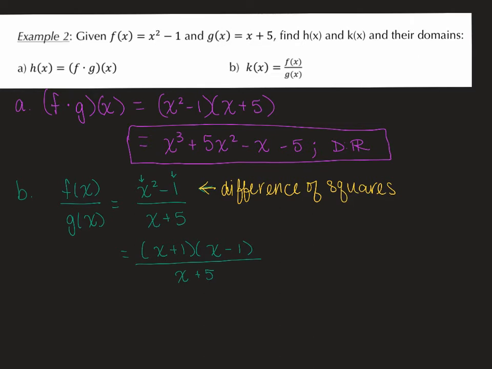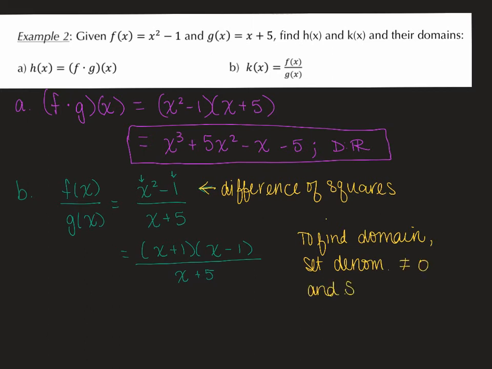So we do need to figure out our domain. The biggest issue here is if we look at our denominator, it cannot equal 0, right? We cannot divide by 0. Okay, so let's take a note here on how to find our domain. To find domain, set denominator not equal to 0 and solve.